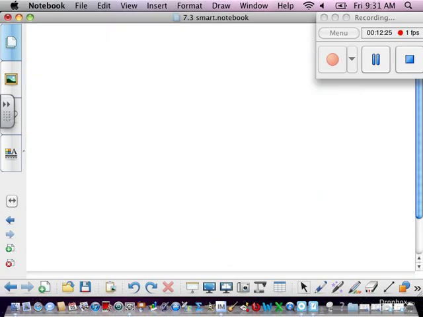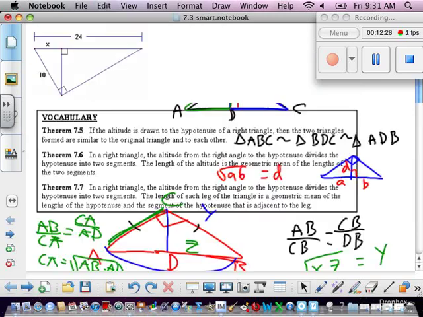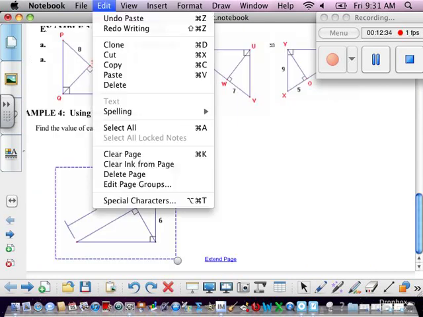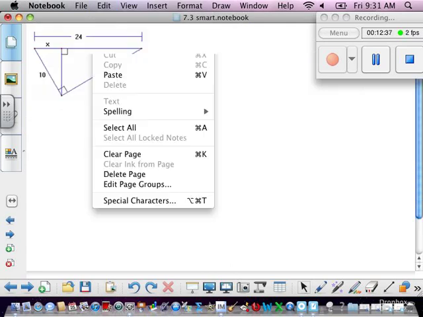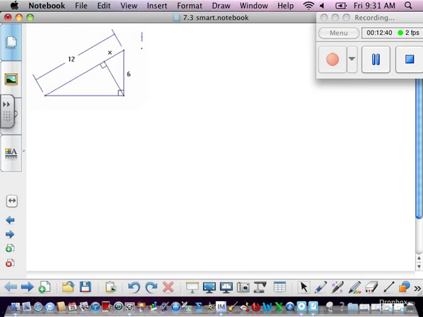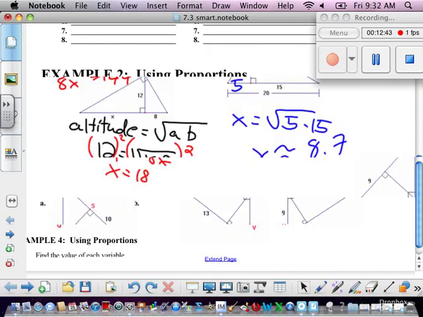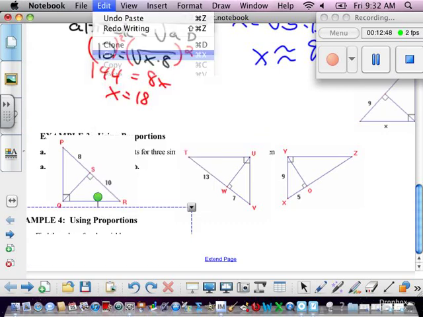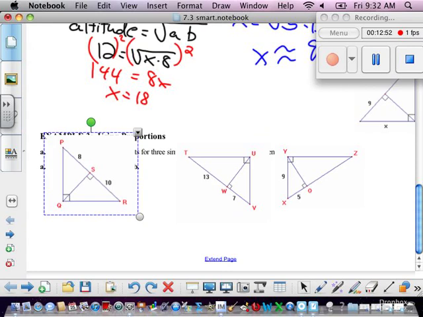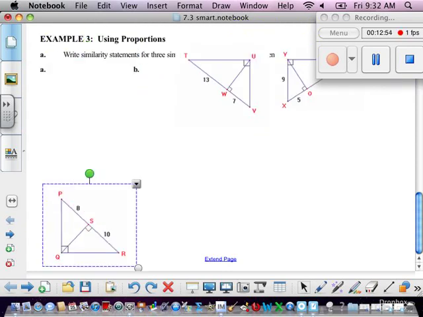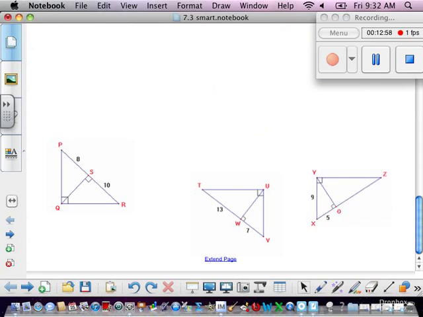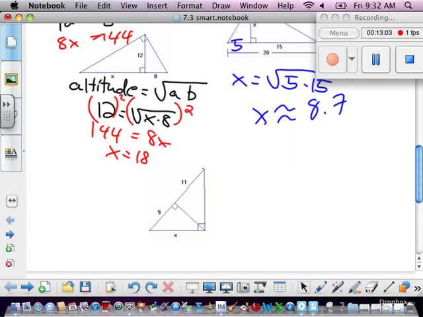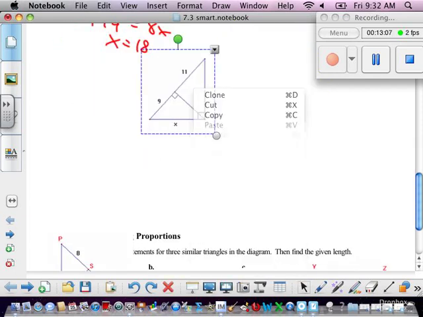Let me put these on a different page. I did move it a little bit, but this is C.